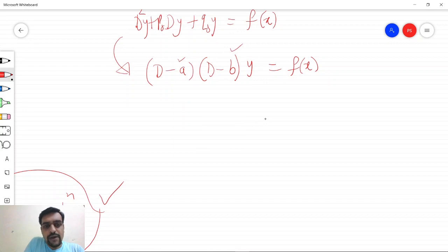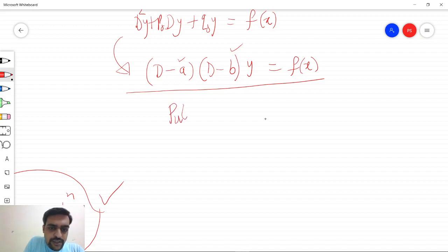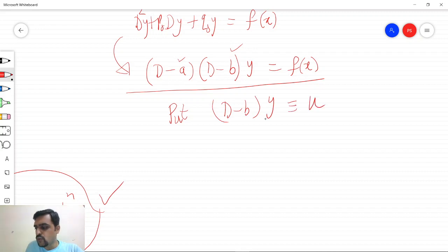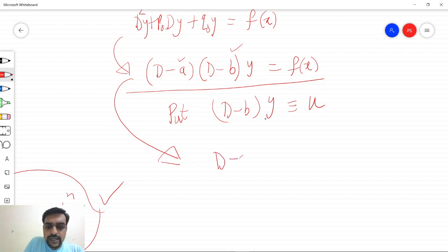So now we have to solve this equation directly using mathematics. So let us substitute (D minus b) y by some letter u. This makes this equation (D minus a) and now instead of this entire thing, we are going to write u.